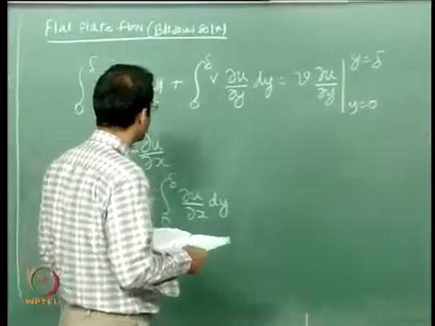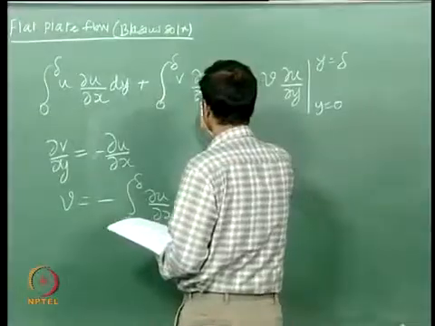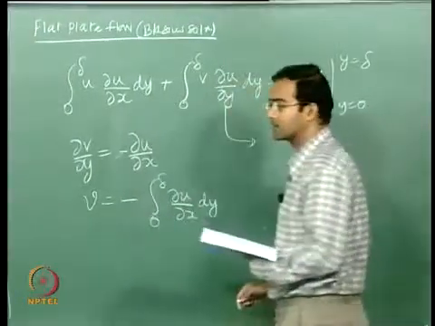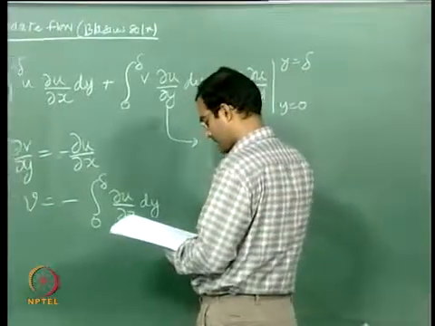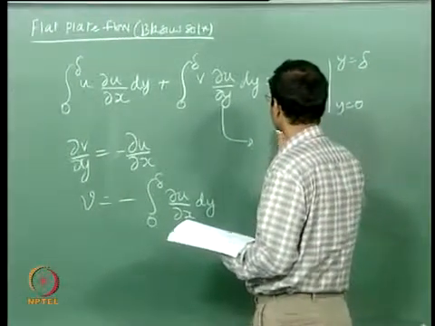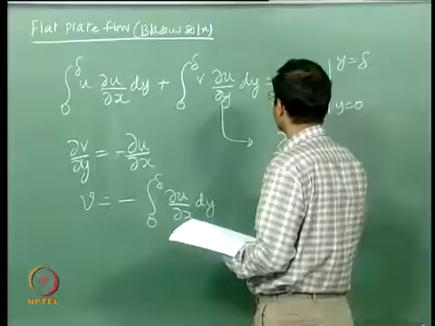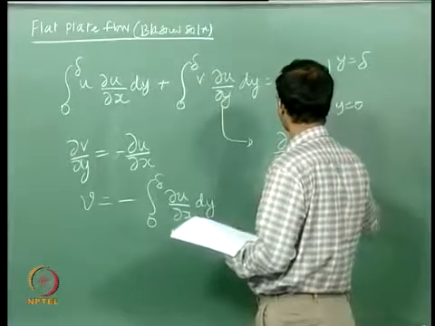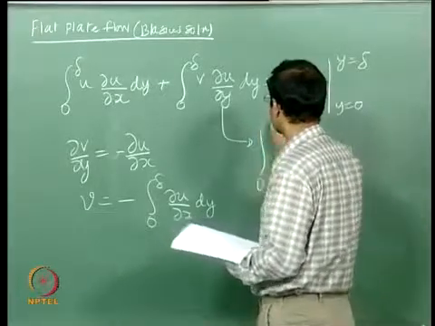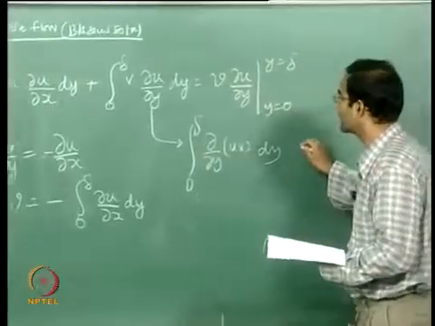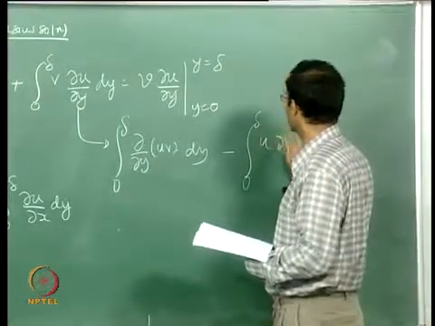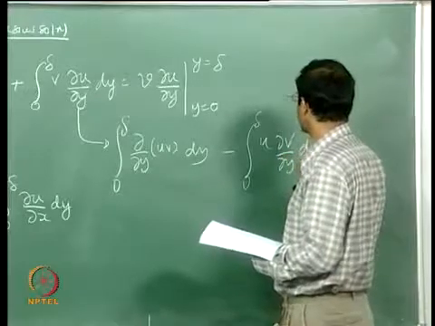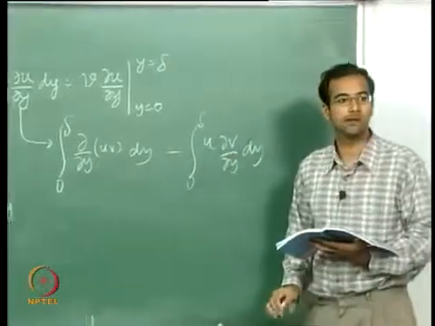What I am going to do a little bit more is integrate by parts. This particular term I can write as d by dy of uv, integrated from 0 to delta, minus the integral from 0 to delta of u dv by dy dy.